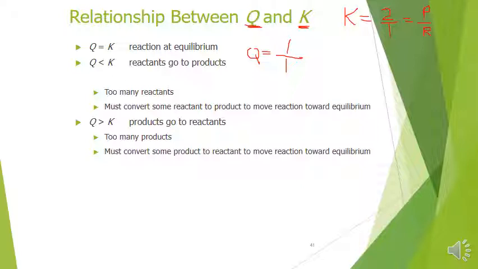If it's equal to 1, you can see that there's not enough product yet, because it wants to have twice as much product. So if Q is less than K, what's it going to do? The reaction is going to push towards the product.